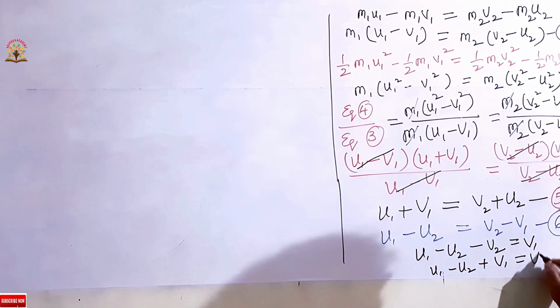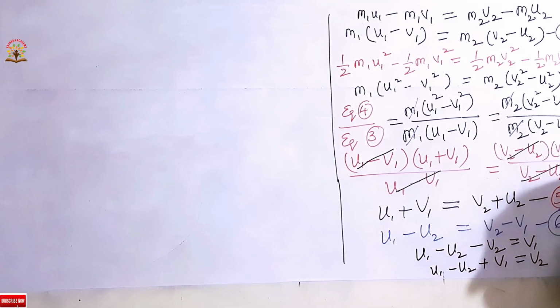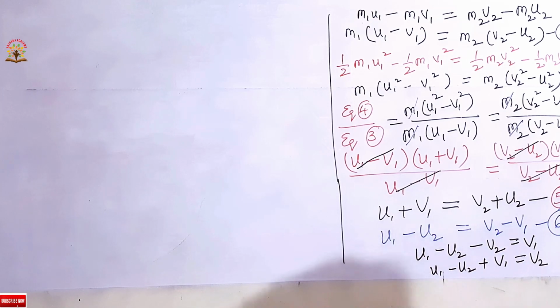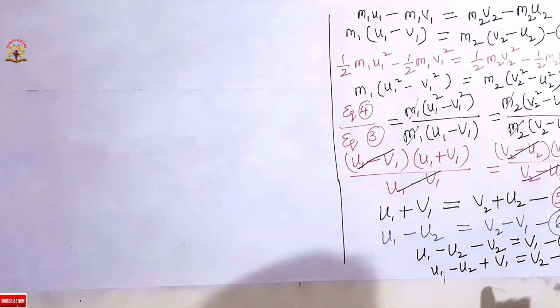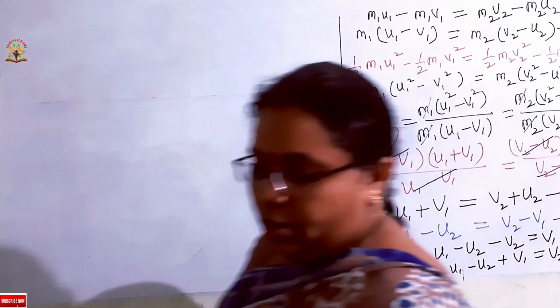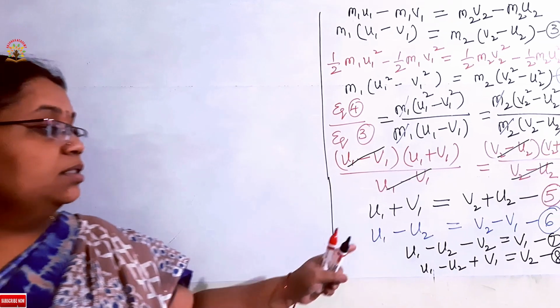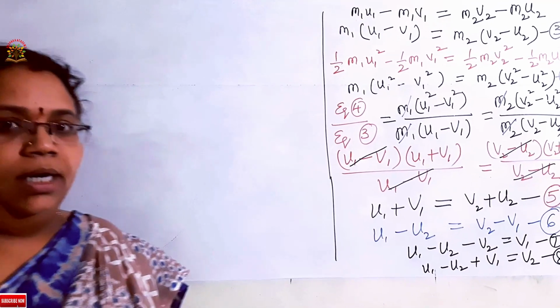These two are the final velocities of the first and second bodies after collision. Now we are substituting these v1 and v2 values in equation 1.